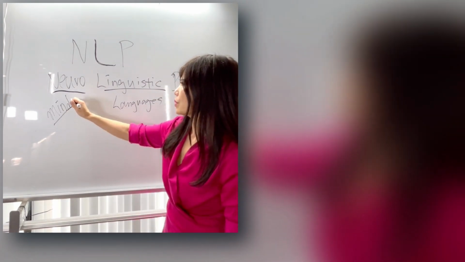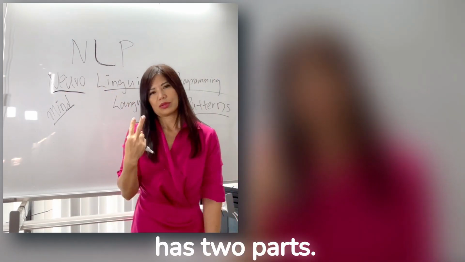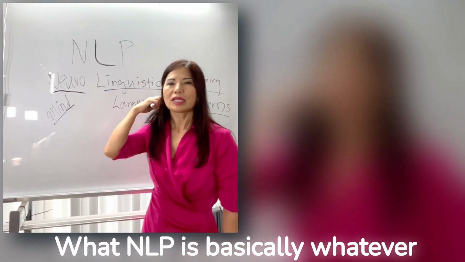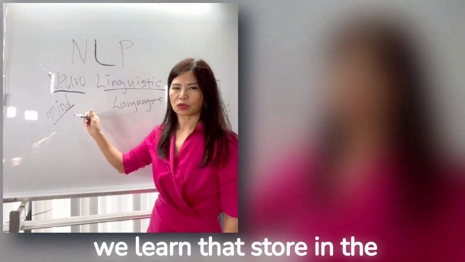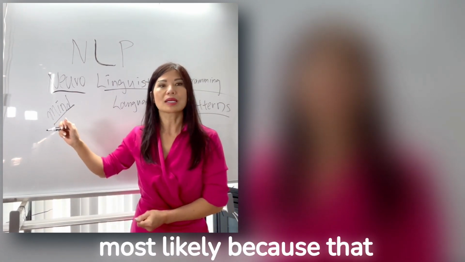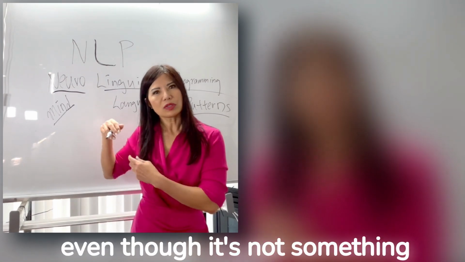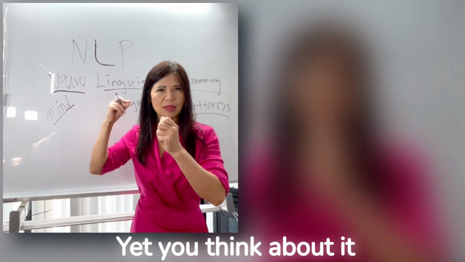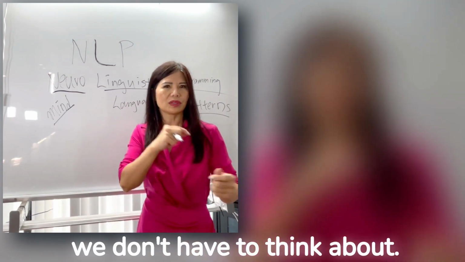Our mind is dual, it has two parts, the conscious mind and the subconscious mind. What NLP is, basically, whatever we learn is stored in the subconscious part of the mind, most likely because that part of the mind cannot be seen. But even though it's not something that we can see consciously, think about it, subconsciously, a lot of the behavior that we do, we don't have to think about.